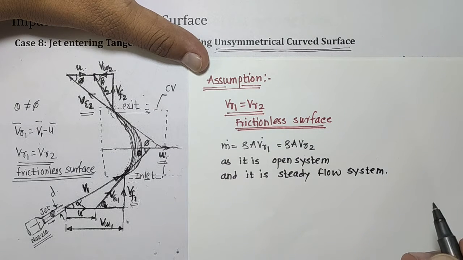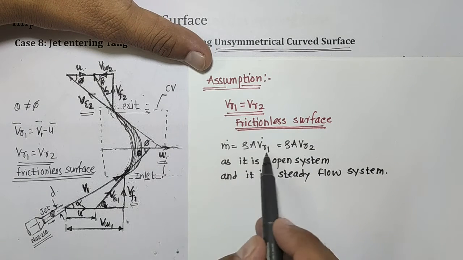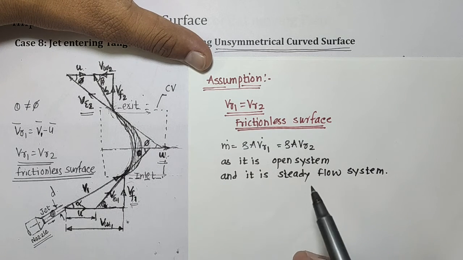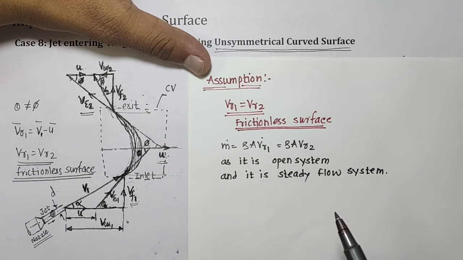If it is so, then the mass flow rate at inlet is equal to the mass flow rate at outlet. This condition will be satisfied.